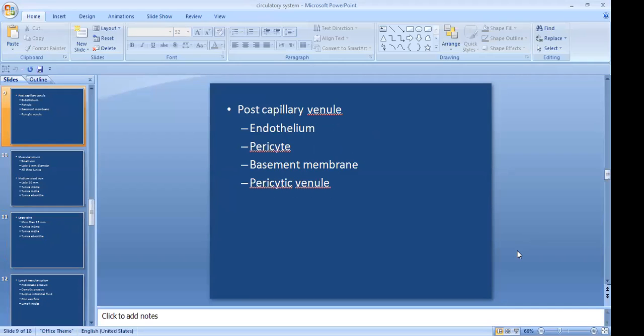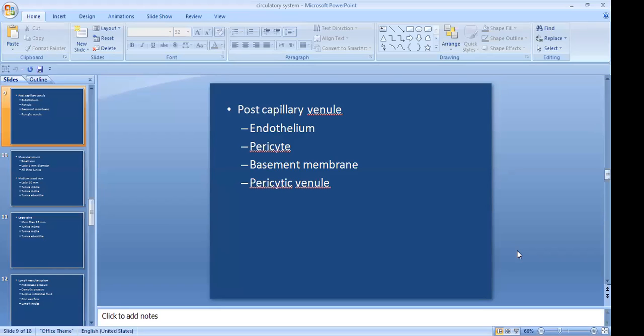In the post capillary venule, the inner layer is endothelium, and then there are pericytes, and outside the endothelium and pericytes there is the common basement membrane.